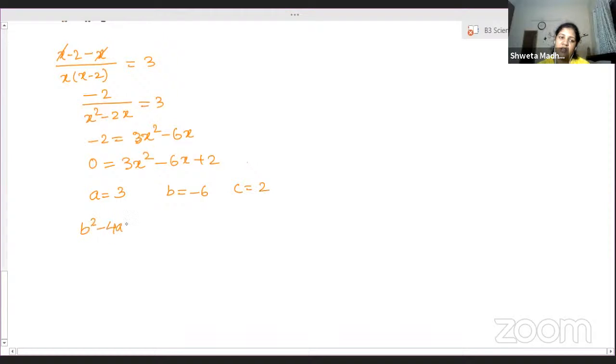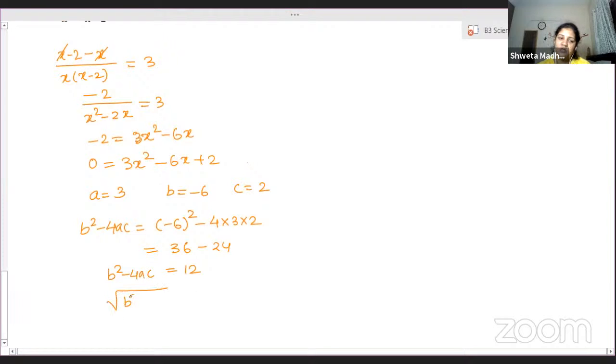So first find the value of B square minus 4AC, that is minus 6 square minus 4 into 3 into 2. 6 square is 36 minus 3 4s are 12, 24. So it is 12. So B square minus 4AC is 12.